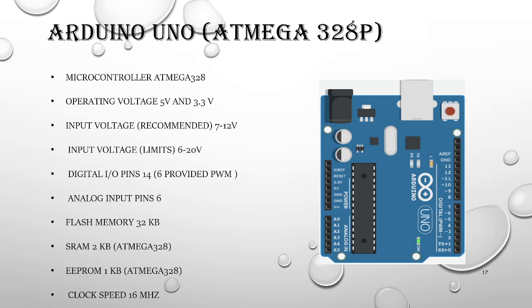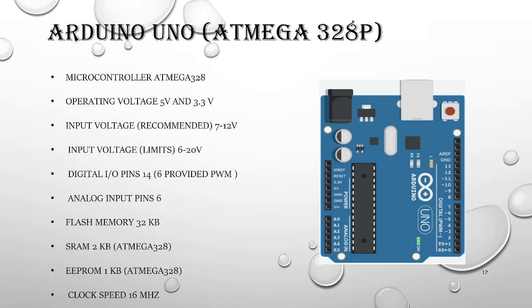Now about the Arduino Uno. Arduino Uno is an ATmega328 microcontroller, and its operating voltage is 5 volt and 3.3 volt, and the recommended input voltage is 7 to 12 volt, and the input voltage limit is 6 to 20 volt. There are 14 digital IO pins in Arduino, and 6 pins are provided for PWM, pulse width modulation, and there are 6 analog input pins.